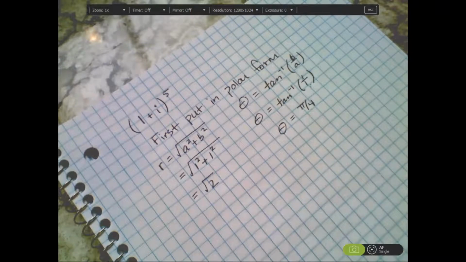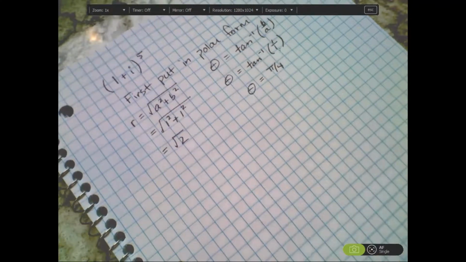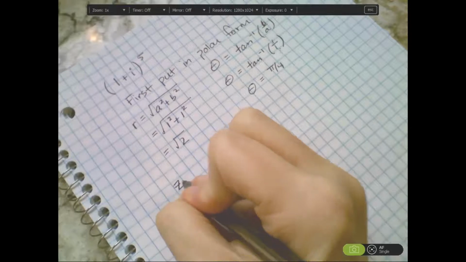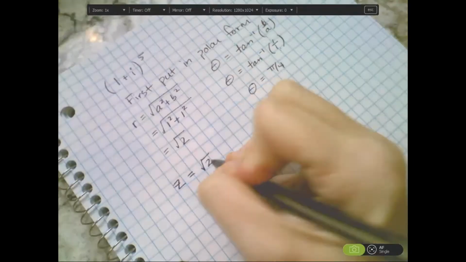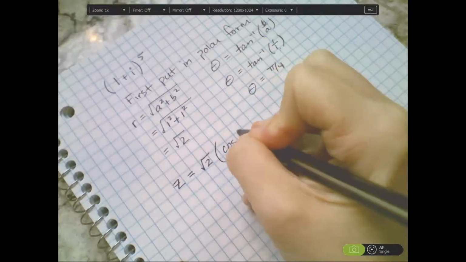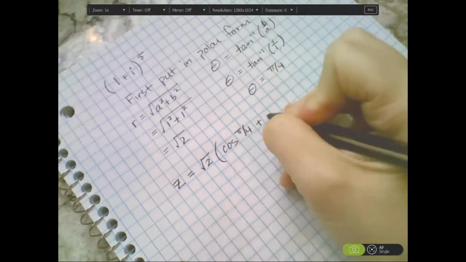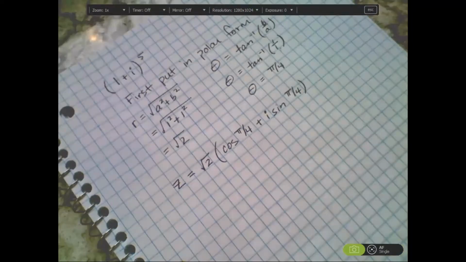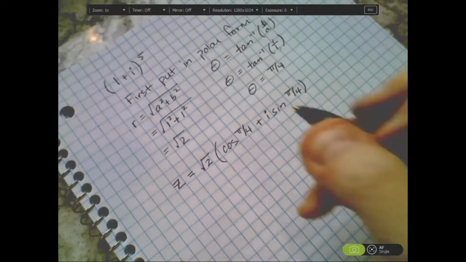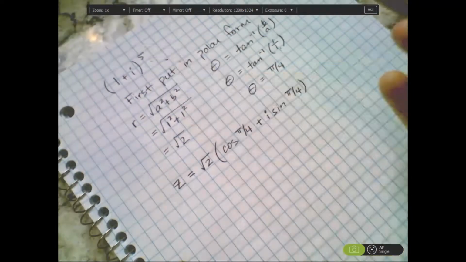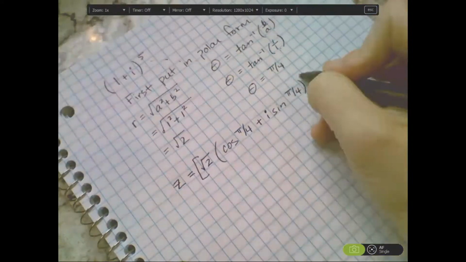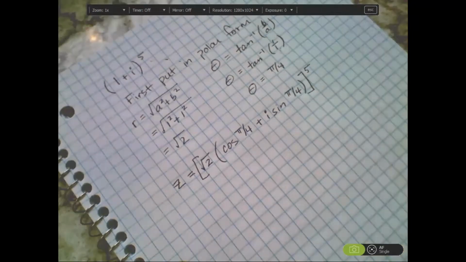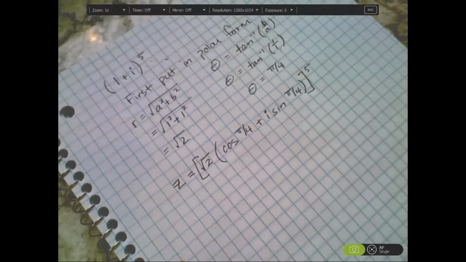So that means that if I put this into polar form, it's going to look like this. And we want to raise that to the 5th power because that's what it told us to do up here. So I'm going to raise this to the 5th power.